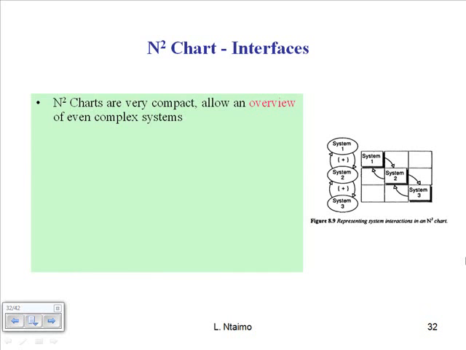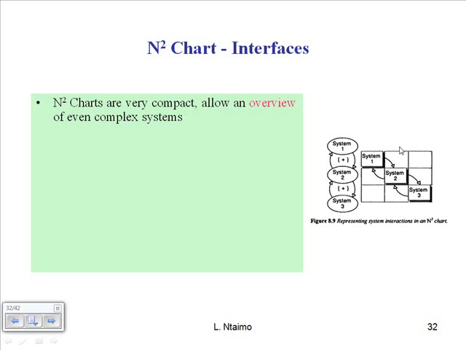So I want to explain a little bit more about these n-squared charts and why we use them. N-squared charts are very compact, and they enable us to see an overview of complex systems. We can have a complex system, but we can represent it easily using n-squared charts. Okay.